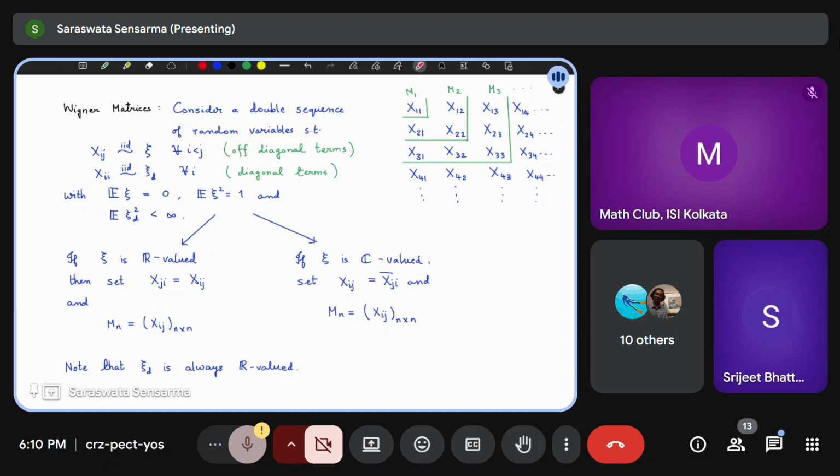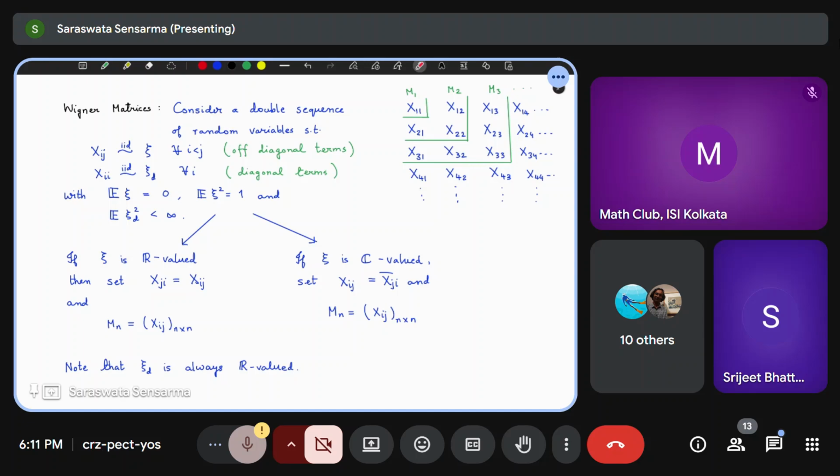Okay, so the model is you sample the upper diagonal and you make the lower diagonal either equal or conjugate, depending upon whether you're taking real or complex entries, and the diagonal is always taken to be real so that the matrix remains Hermitian. And we have this array.